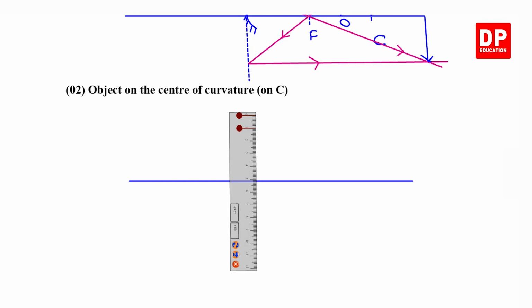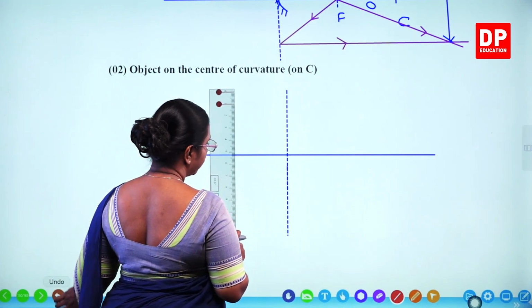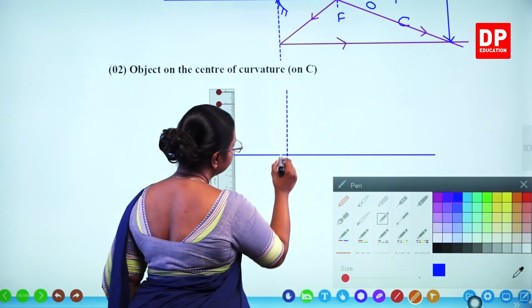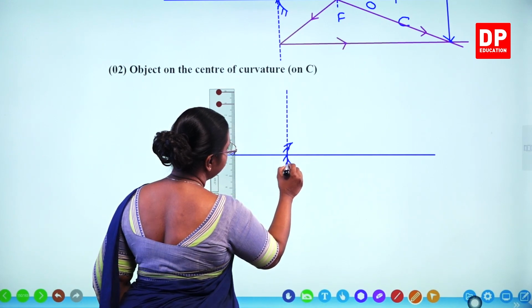So now I'll draw the line for the mirror. Here this is to make sure that I draw a straight line. So now that I have the line for the mirror, then we have to show that that is the mirror. What do we do here? We draw the concave mirror.